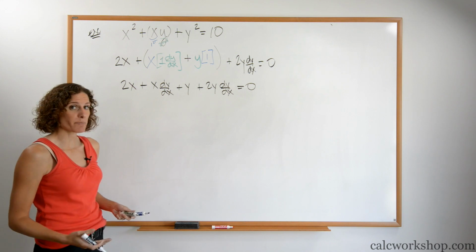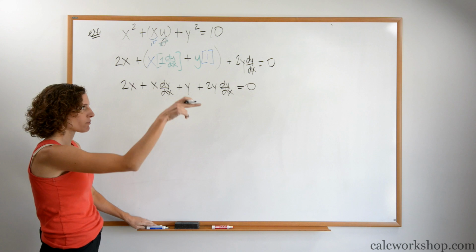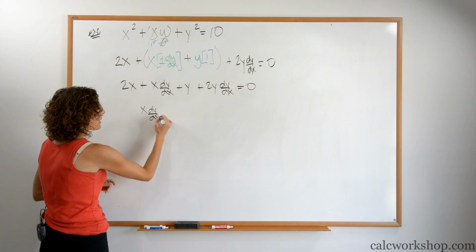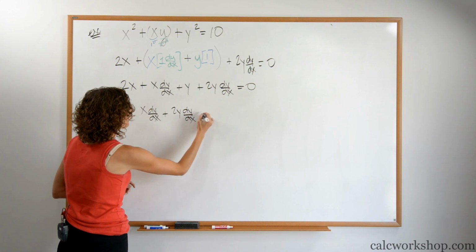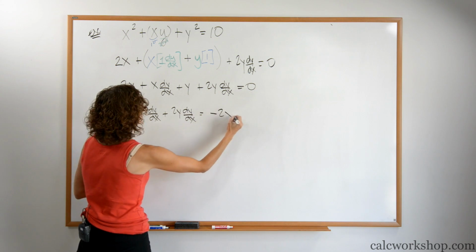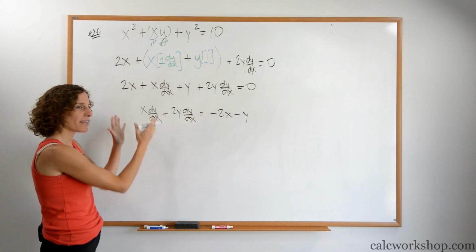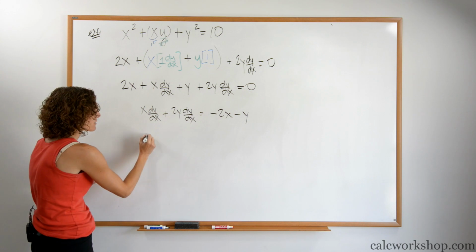We need to get dy/dx by itself, so we're going to keep all the dy/dx's on the left. Everybody else is going to the other side. So we have x dy/dx plus 2y dy/dx equals negative 2x minus y. So once we've done that and got all the dy/dx's on one side, let's factor out a dy/dx.